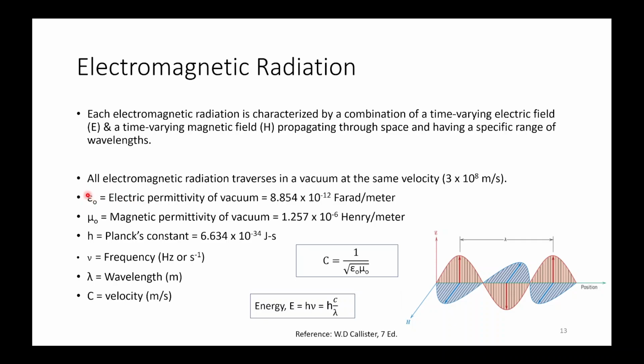Epsilon 0 is the electric permittivity of vacuum, and mu naught is the magnetic permeability of vacuum. h is Planck's constant, nu is frequency, which is in hertz or per second, lambda is wavelength in meters, and c is velocity in meters per second.